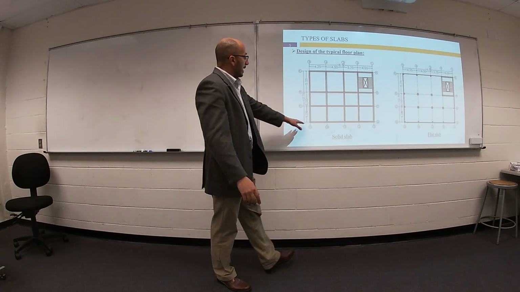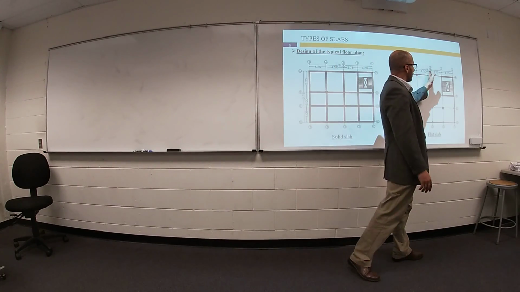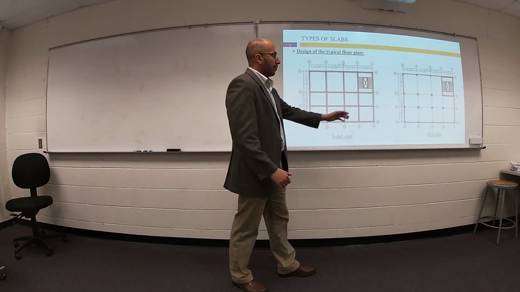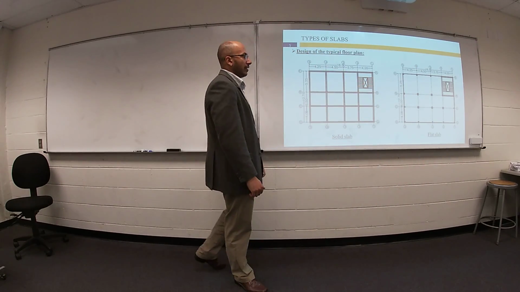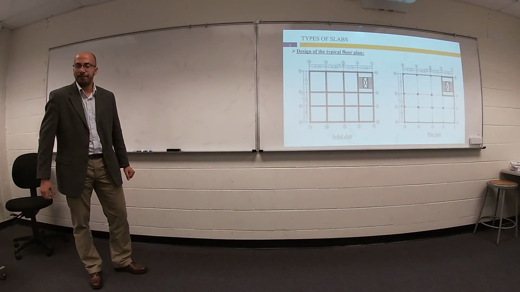Remember, this area is the same as this area. But I decided to use solid slab here, but flat slab here. It's up to you. But what is the difference between this one and this one?